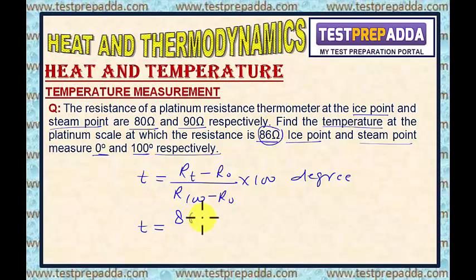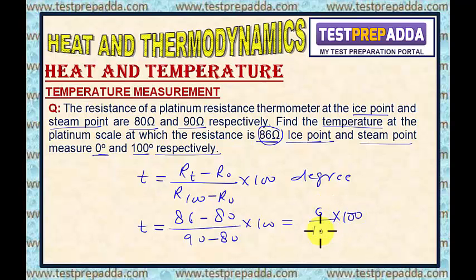So 86 minus, at ice point, which is 0 degree, the electrical resistance is 80, upon at steam point it is 90 minus 80, into 100. So the value comes as 6 upon 10 into 100, and that comes as 60 degree. So at 60 degree at the platinum scale, the resistance is 86 ohm.